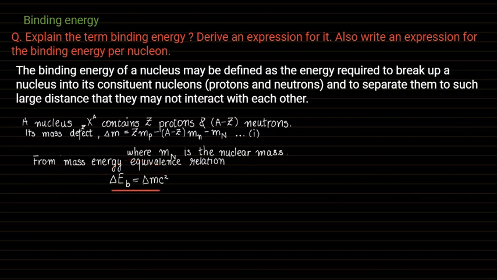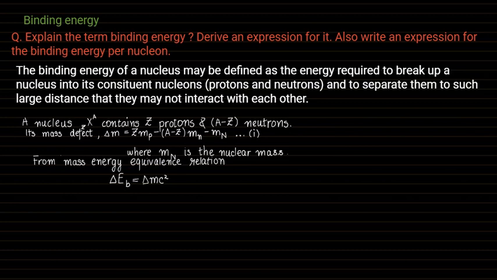What this relation says is that a given quantity of mass can be converted into energy, or a given quantity of energy can be converted into a mass, with c being the velocity of light. Clear? So this is your mass energy equivalence relation. It helps the conversion of mass to energy, energy to mass.